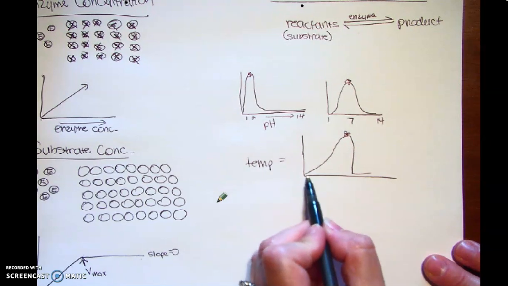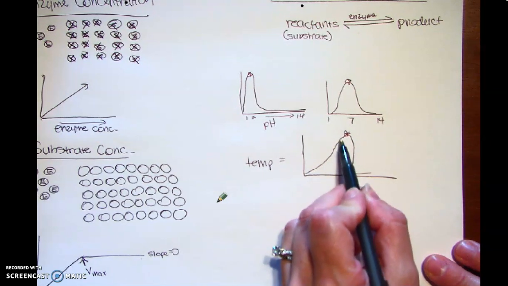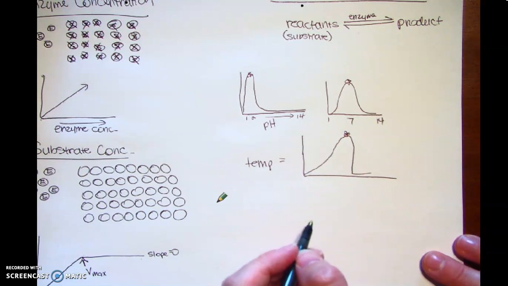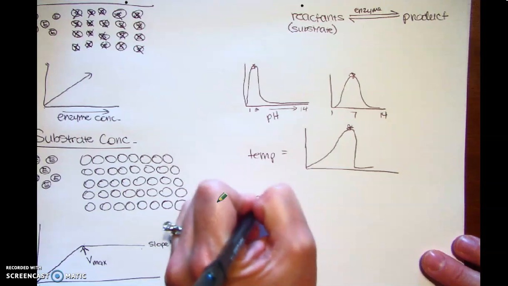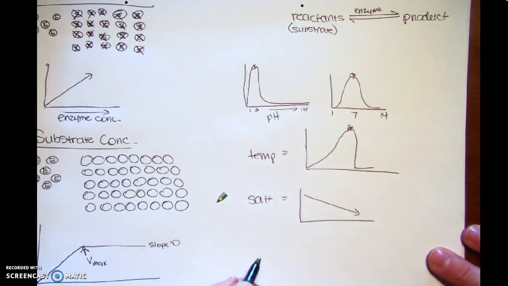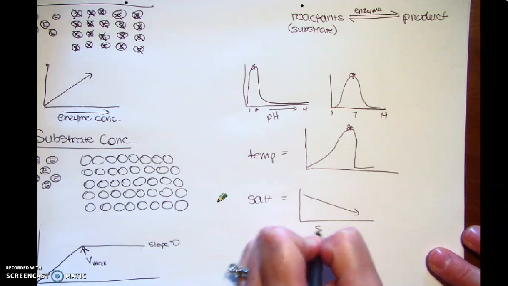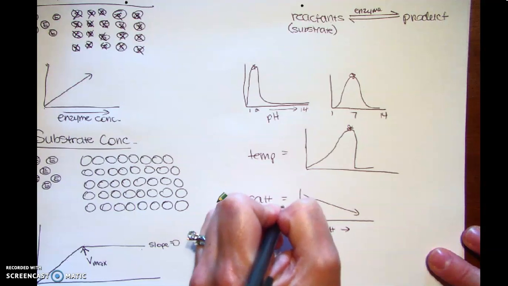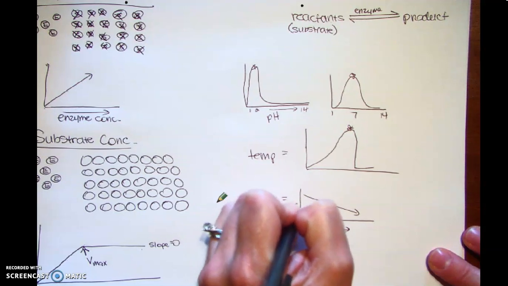Okay, and we talked about why. It's colder, and as you warm it up, the rate is going to increase. And then when you reach denaturation, it will drop. Salt concentration, you oftentimes see a graph like this, where as you increase salt, you decrease the rate of the reaction, the amount of product formed.